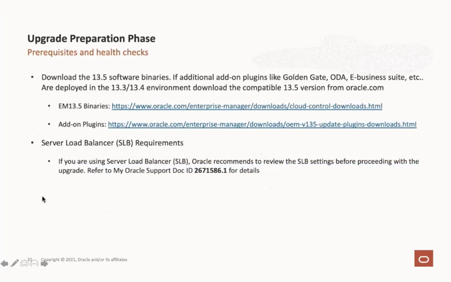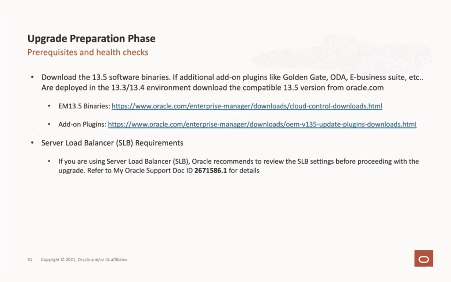And the other important thing is with respect to the load balancer. In 13.4, what we have seen is that most of the customers upgraded their environment, but after the upgrade got completed, we got SRs and issues from customers saying that their console is not working, or the SLB is broken, right?